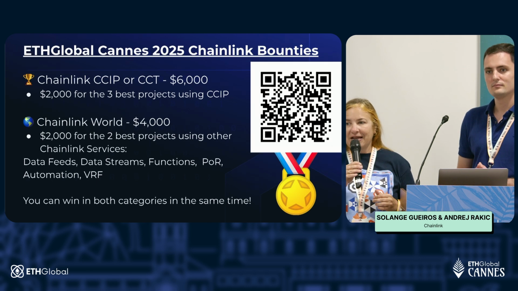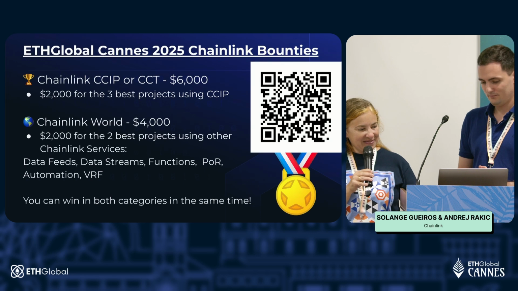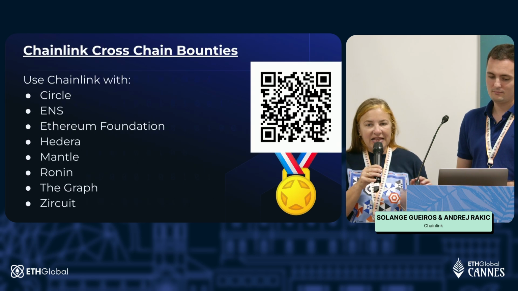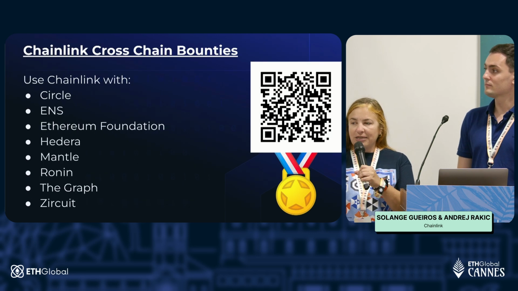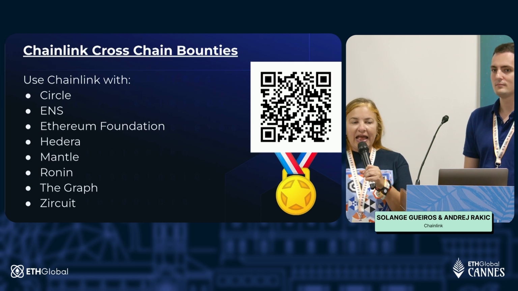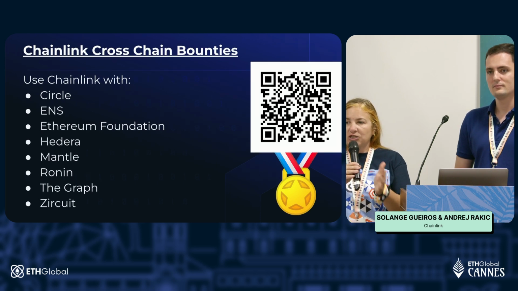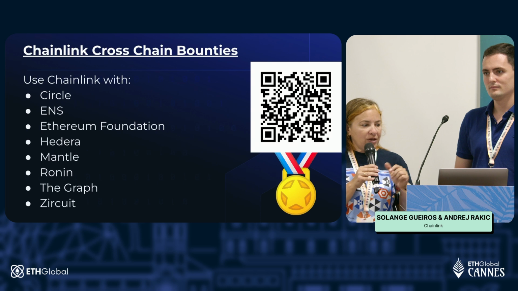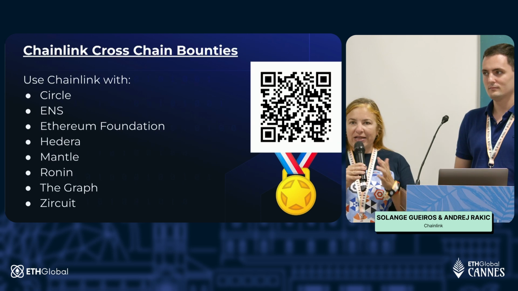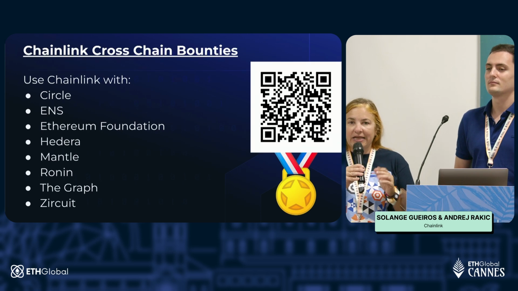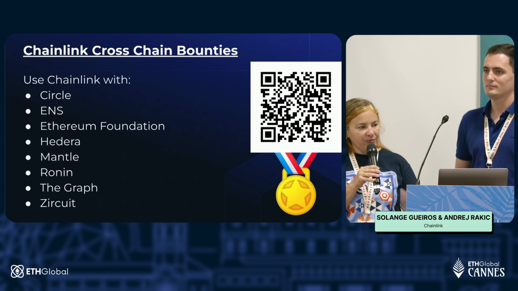So it's a double chance for you. And also, these are all the other sponsors that are here, and you can use Chainlink with them. So you can see a lot of options that you can combine with Chainlink and increase your prizes as well.